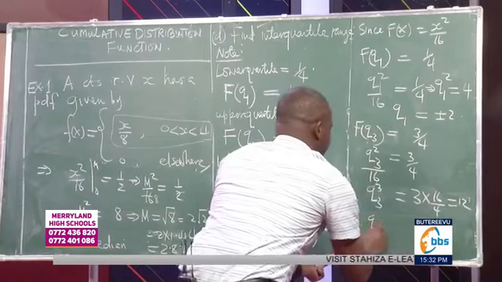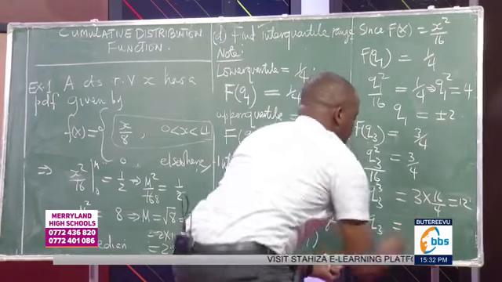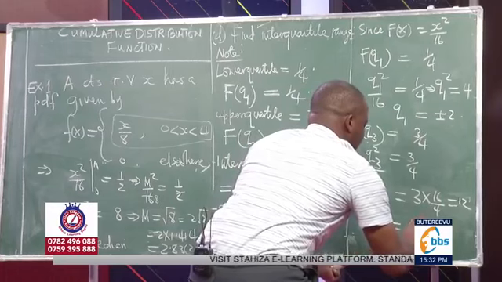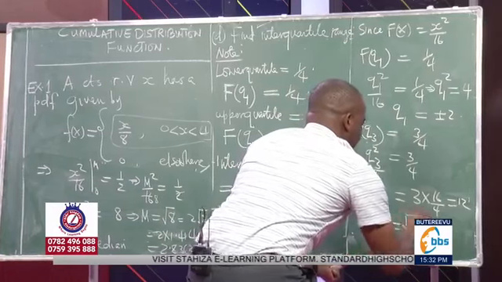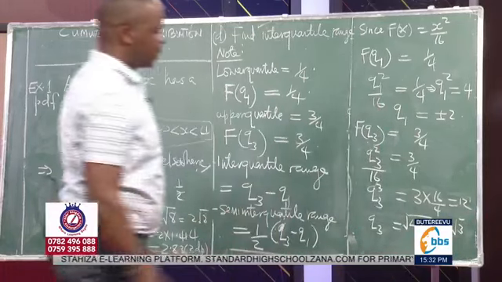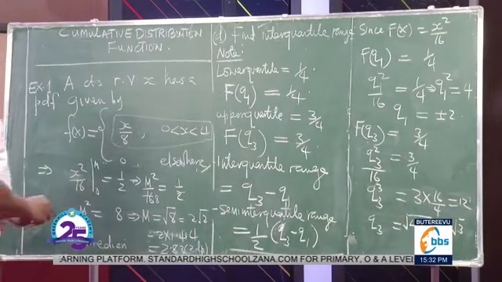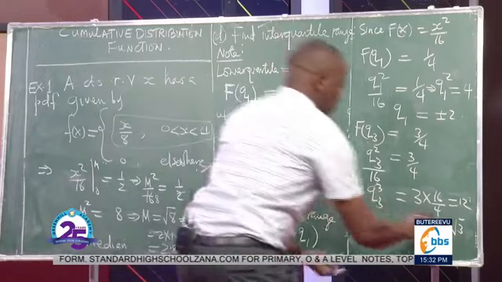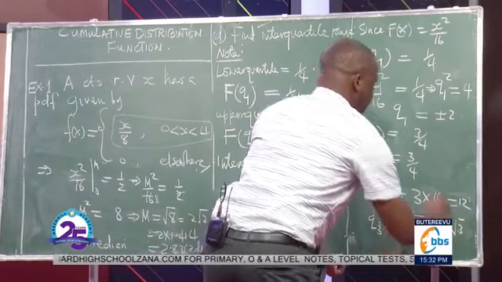And therefore, Q3 will be equal to the square root of 12, which I can simplify to 2 root of 3. Of course, this is plus or minus, as I usually say.